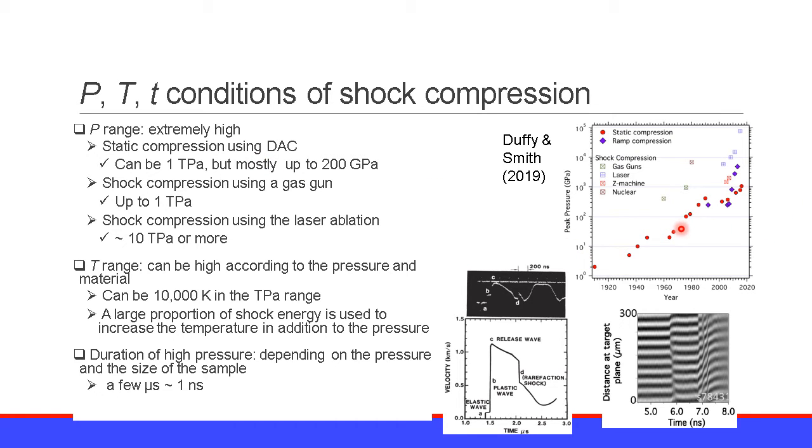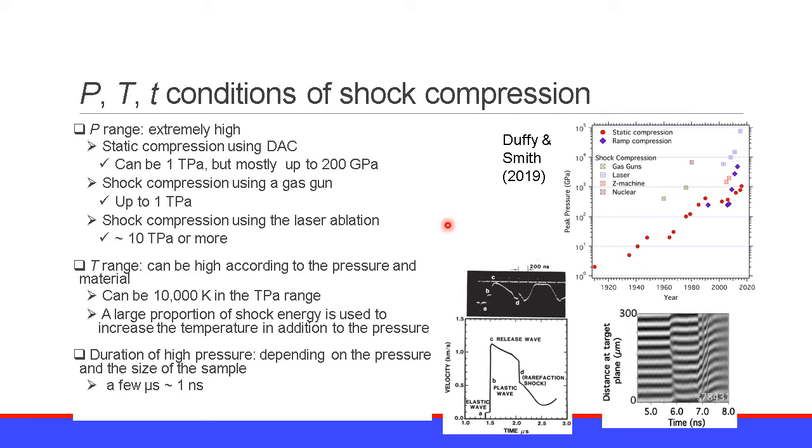These red circles represent the pressure conditions generated by diamond anvil cell as a function of years of the study.